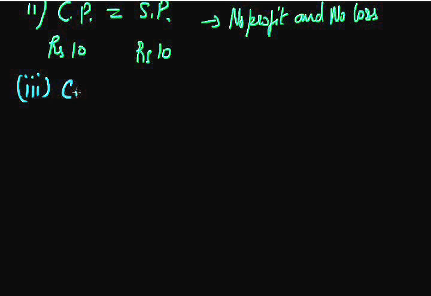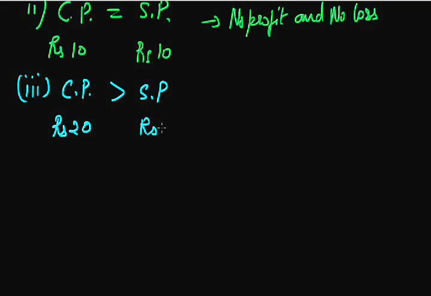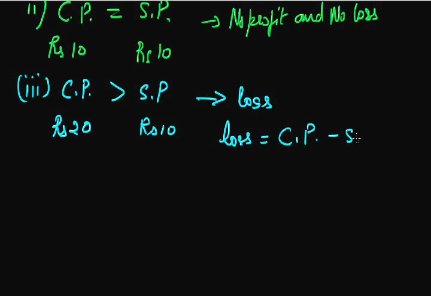Third case, if the cost price is greater than the selling price, that is, if we buy an article at rupees 20 and sell it for rupees 10, there is a loss of rupees 10. So when the cost price is greater than the selling price, we have a loss, and the loss is equal to the cost price minus the selling price.